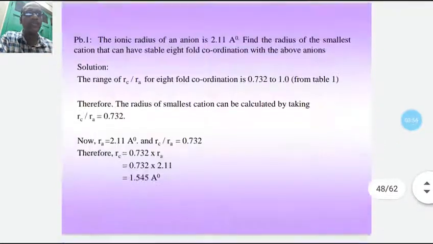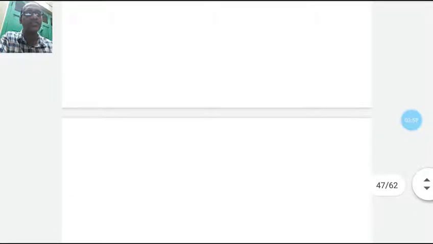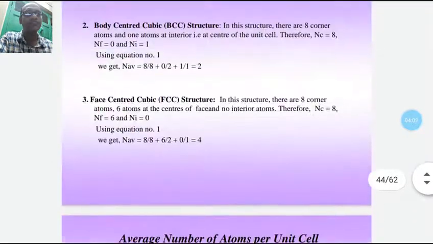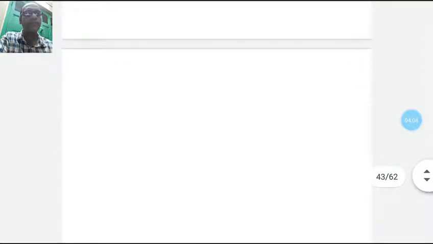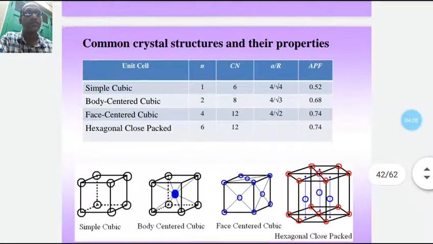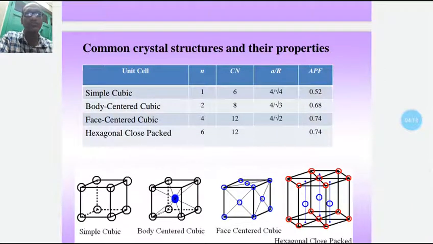And we have seen in earlier classes the relation between these for a simple cubic structure, body centered cubic structure, and hexagonal close packed structure.